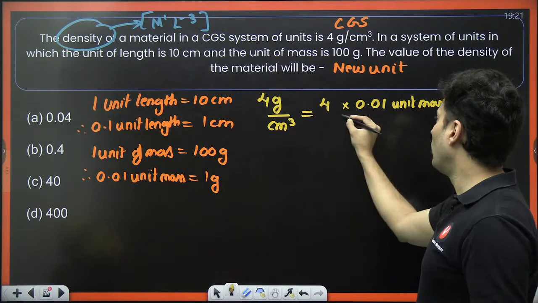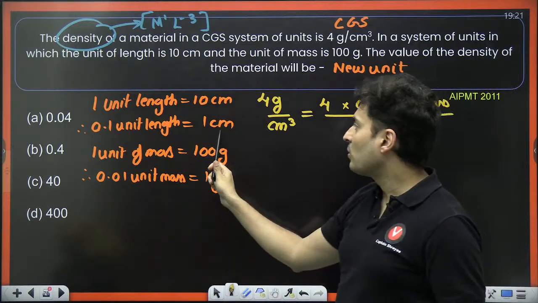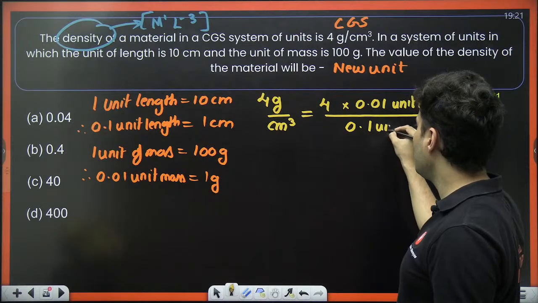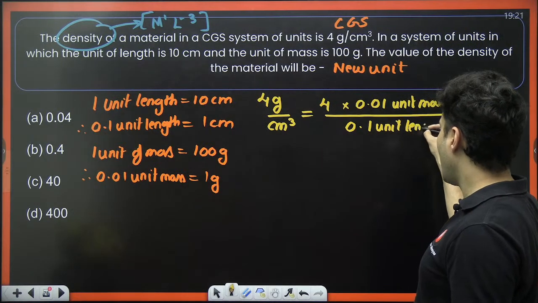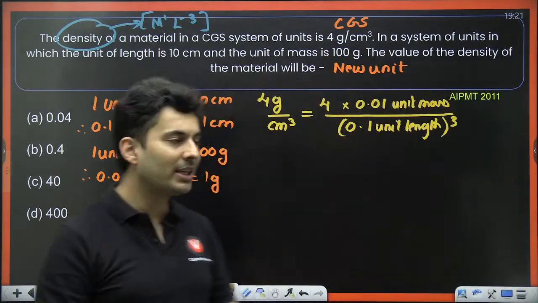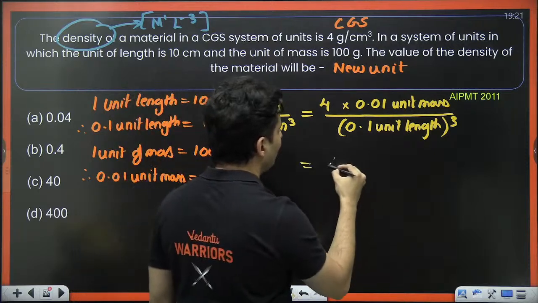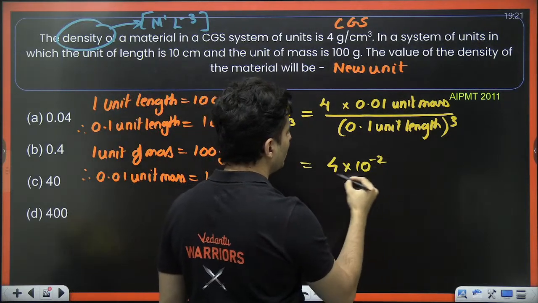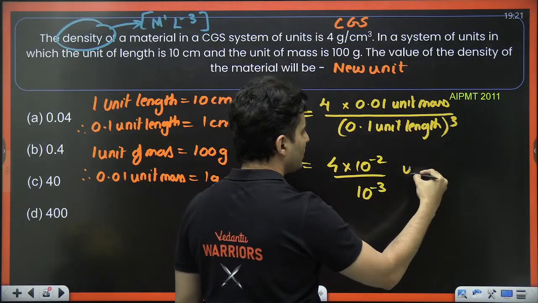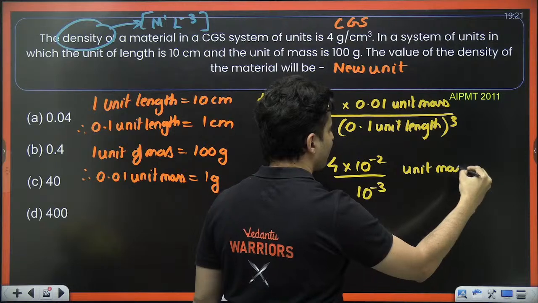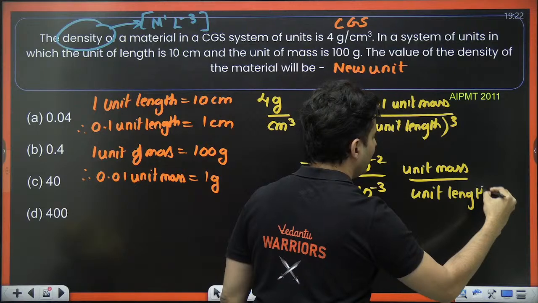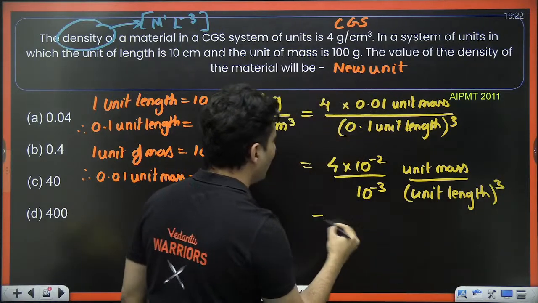Whole thing divided by centimeter. 1 centimeter is 0.1 unit length, and that has to be cubed. So what will this become? 4 into 10 to the power minus 2, divided by 10 to the power minus 1 cubed, which is minus 3. So this is unit mass divided by unit length cube.